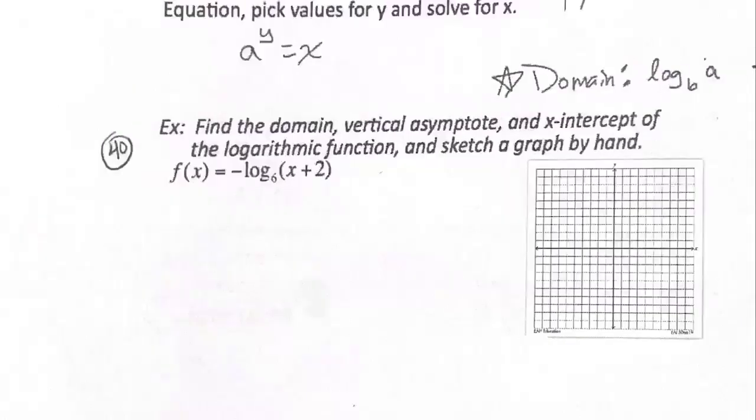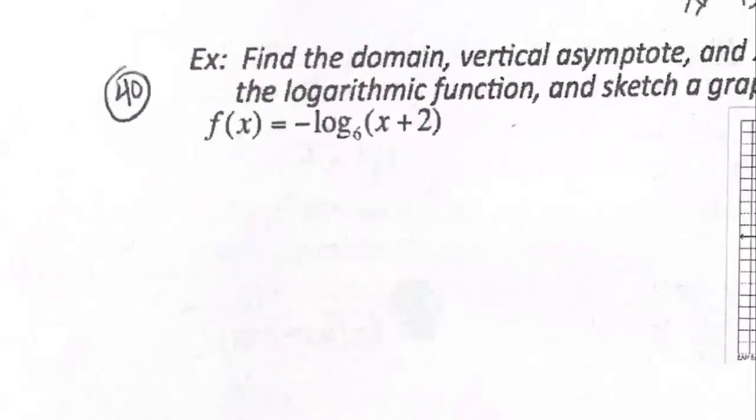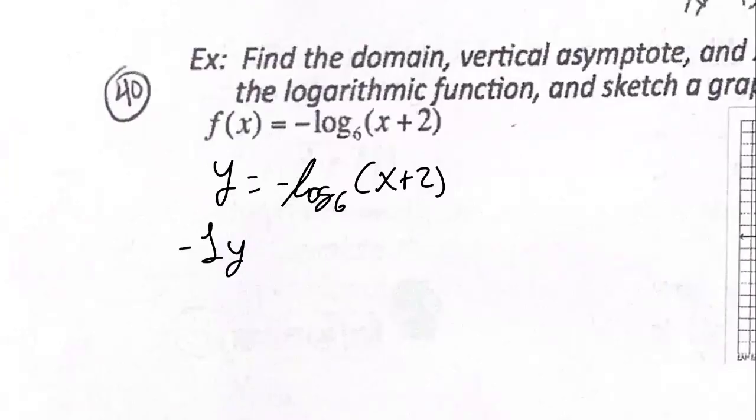So the first thing you want to do when you have a logarithm function is convert it to exponential. There's a -1 in front of the log, so I have to divide by -1. So I have -y equals log base 6 of x plus 2. Now that there's no value in front of the log, you can convert from log to exponential.